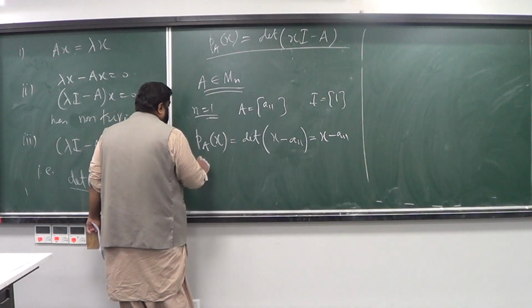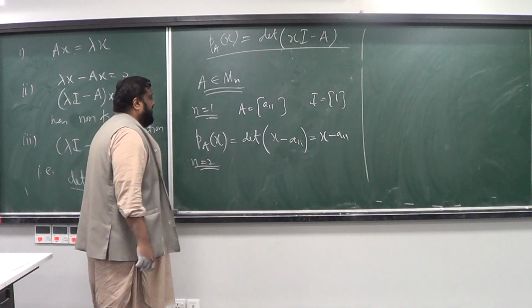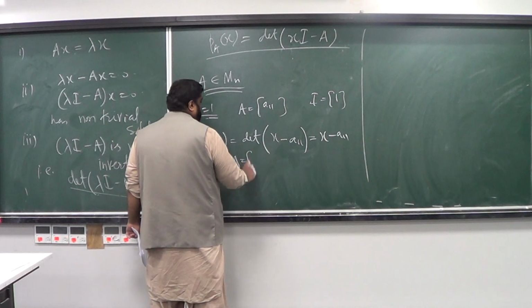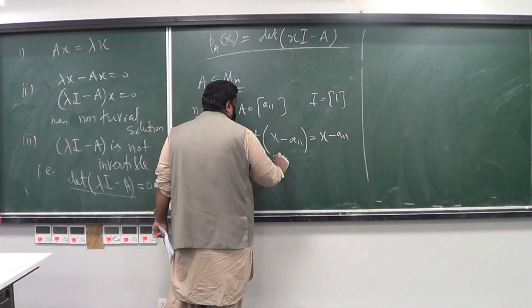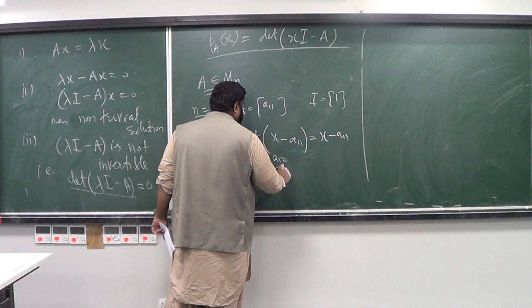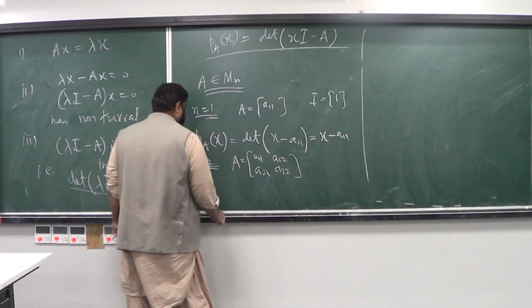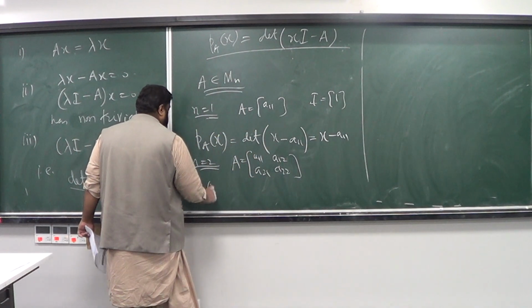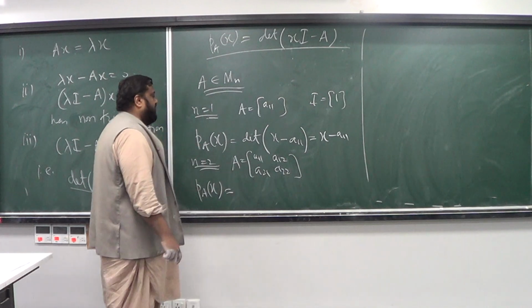So if you have a 1 by 1 matrix, P_A of x has this form. How about if n is 2? In other words, A is a matrix of this form: A11, A12, A21, and A22. What would be the polynomial for this matrix A?